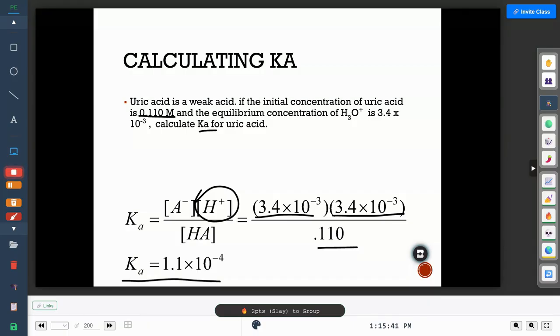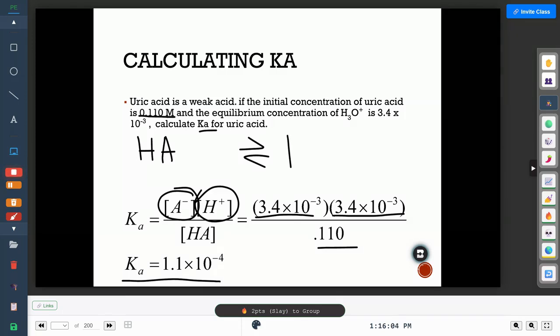And if we think about what we're going to have, there's a 1-to-1 ratio between the H and the A, right? Our HA is splitting up into the H and the A. And so we should have the same concentration of both of them. And so if we get the concentration of hydronium as 3.4 times 10 to the negative third, we should be able to figure out that the other one is going to be the same, right?